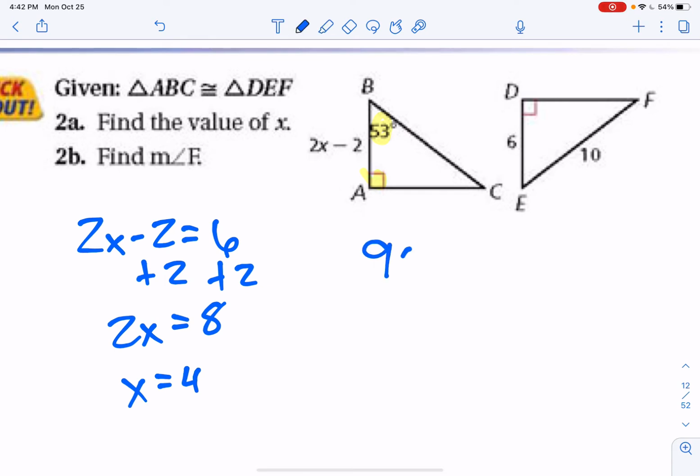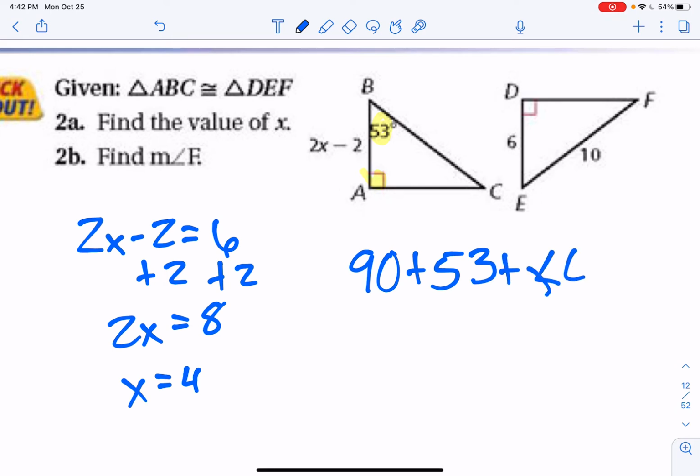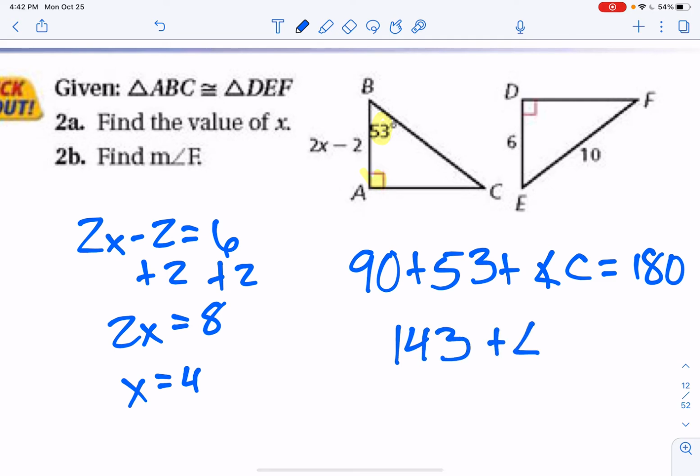Because all the angles in a triangle have to add up to 180, I can say 90 plus 53 plus angle C has to equal 180. So 90 plus 53, which is 143, plus angle C equals 180.